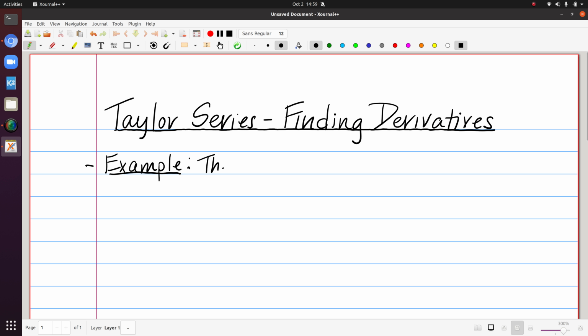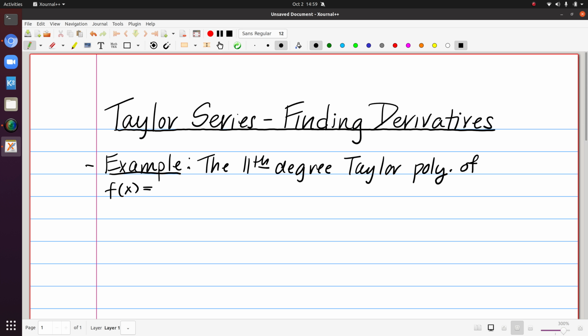So if I said that the 11th degree Taylor polynomial of the function f of x equals 2x divided by 2 minus x squared, centered at x equals 0, is the following.